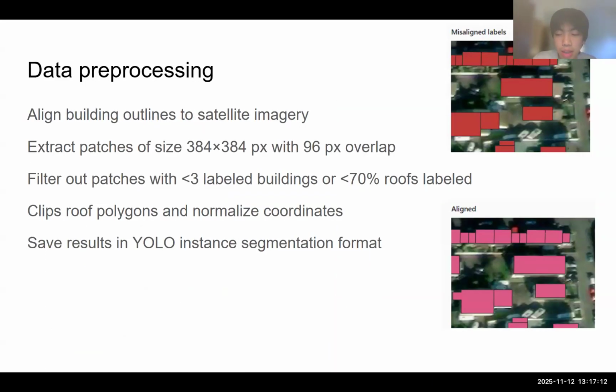The main part of data pre-processing is turning this OpenStreetMap data, which is saved in coordinate format, into YOLO's instance segmentation format, which requires that you normalize the coordinates to the bounding box, and save each image along with metadata which says where within that image the building outlines are and what label each of these building outlines has.